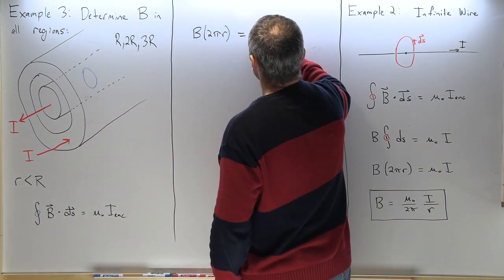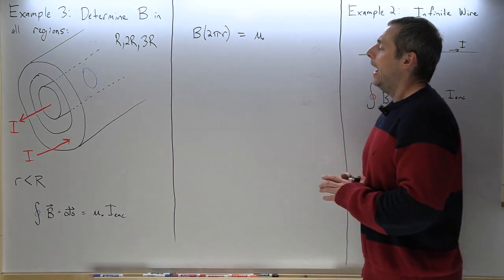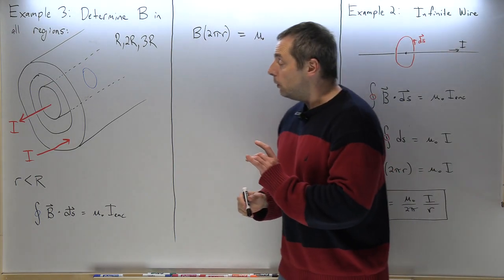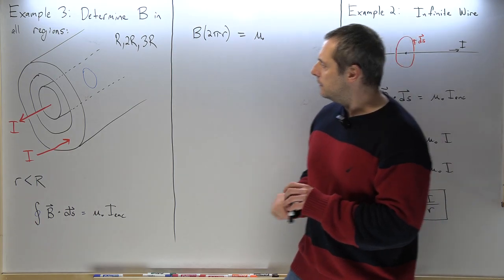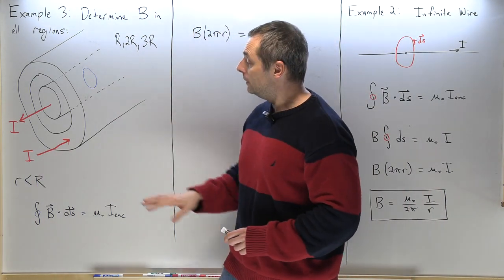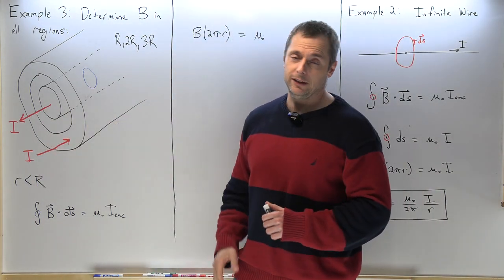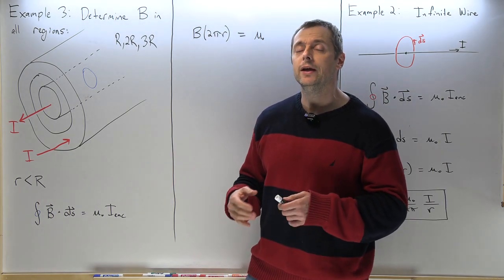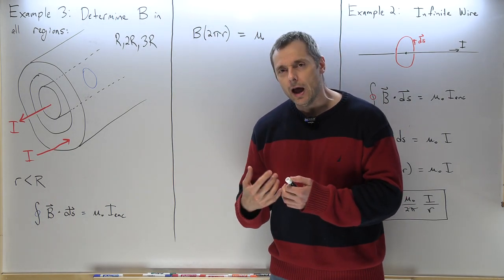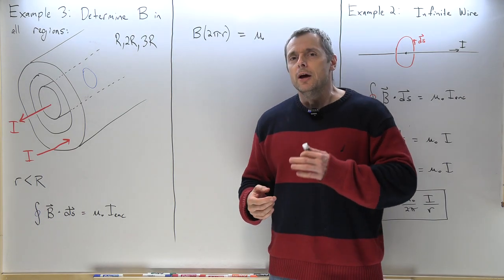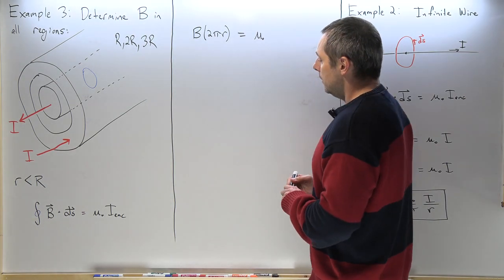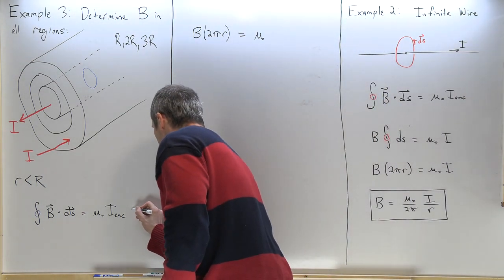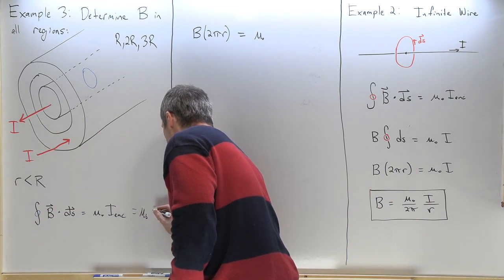So now, mu 0 I enclosed. What I have to do is figure out the portion of the current that's going through my loop. It's obviously something less than I, like maybe 0.9 or 0.7 I. But I need to figure out exactly how much by using the idea of current density.